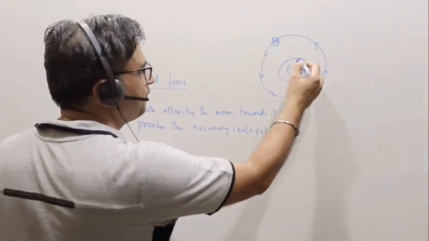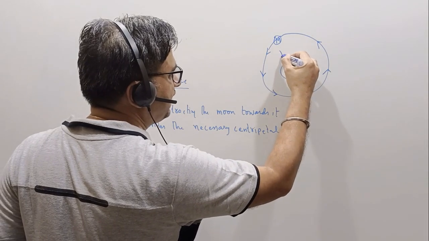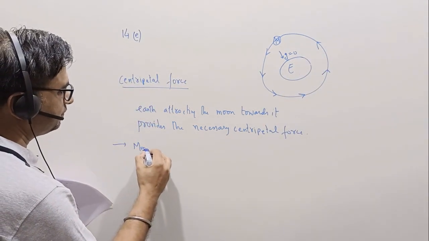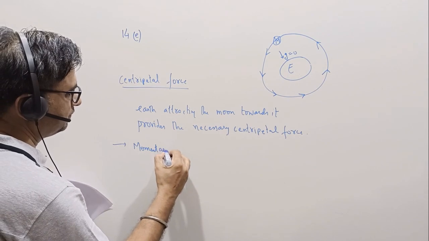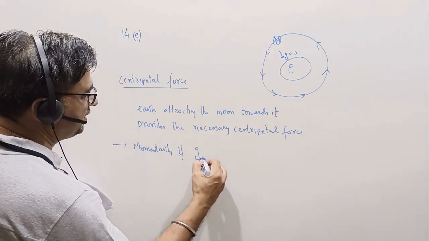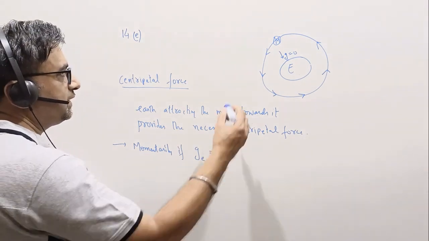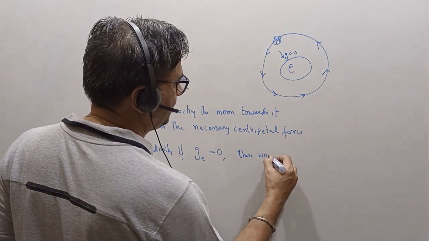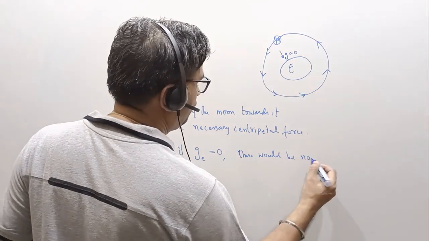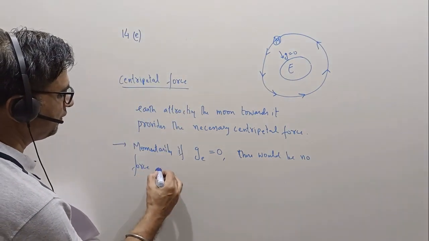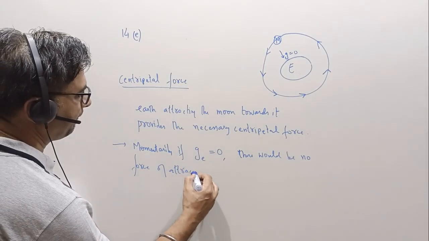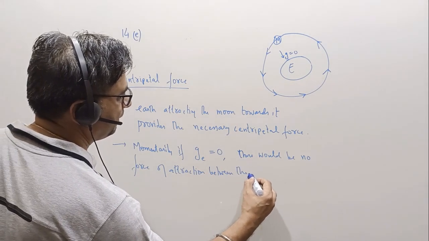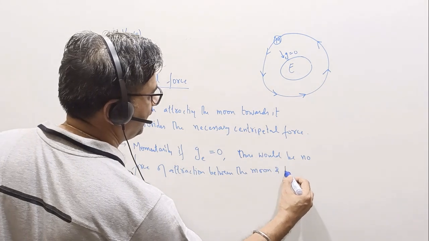Now momentarily, if the acceleration due to gravity of the earth became zero, then there would be no force of attraction between the moon and the earth.